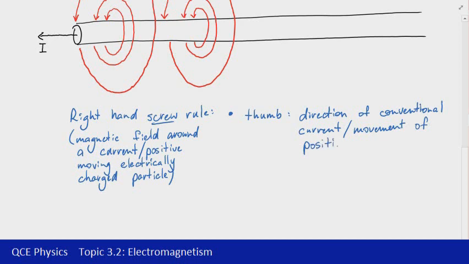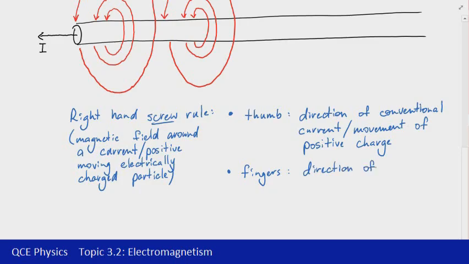So the thumb represents that direction. Fingers then represent the direction of the field itself.